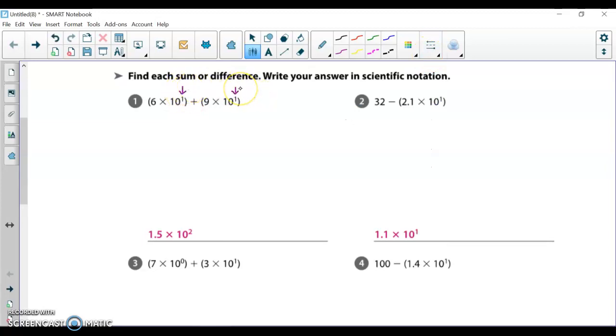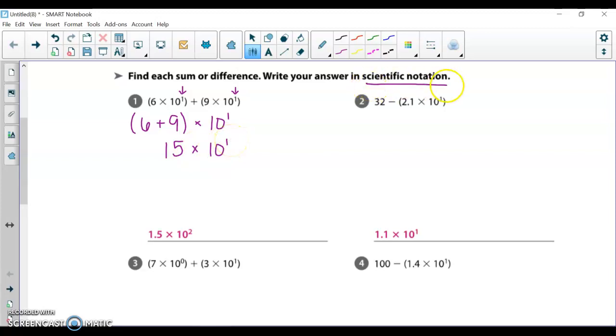In this case, we have the same exponent, so we don't have to change anything. I can pull my 6 and 9 to the front to add, and I'm going to keep my 10 to the power of 1. If I add 9 and 6, I get 15 times 10 to the first power.